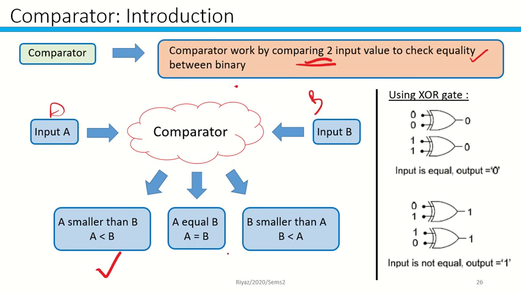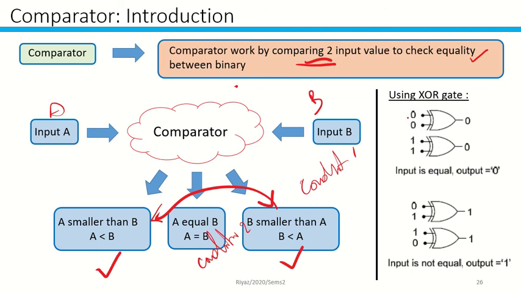In this particular situation, smaller or bigger can be under condition 1, and this will be your condition 2. This can be done by using an XOR gate.